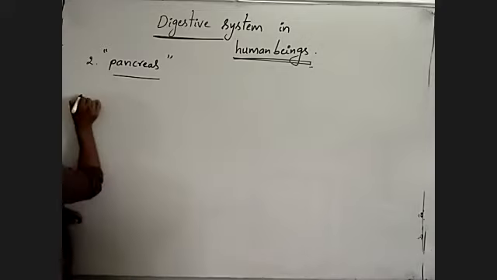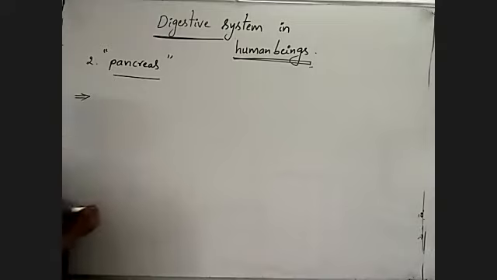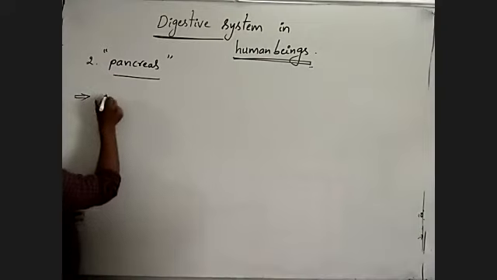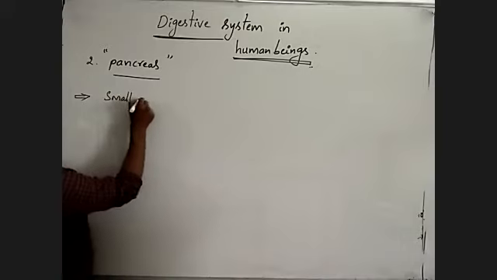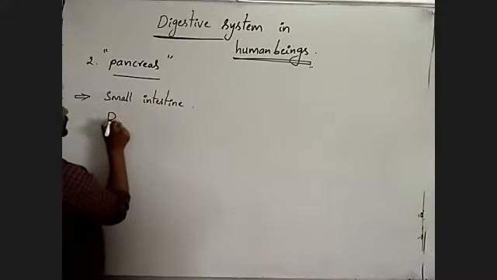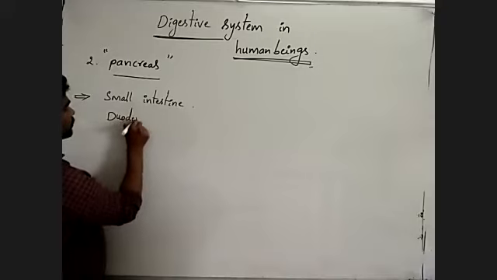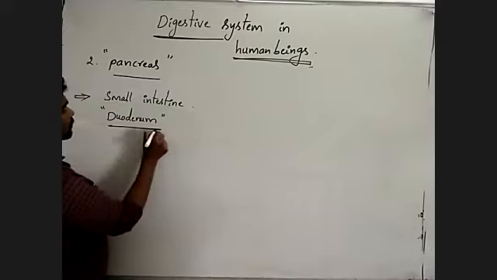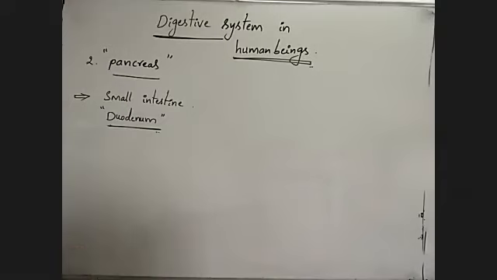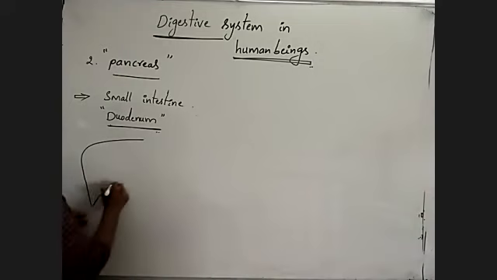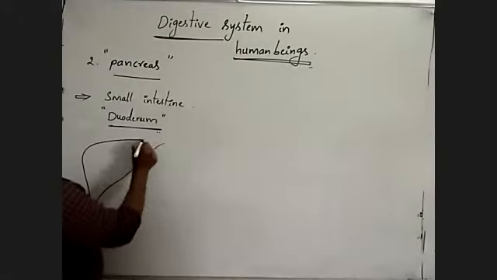Pancreas. It is associated with the small intestine, mostly to the duodenum. Here, this is your liver.